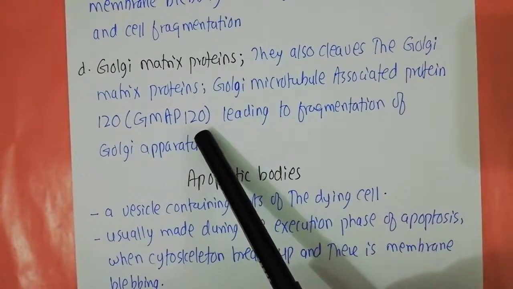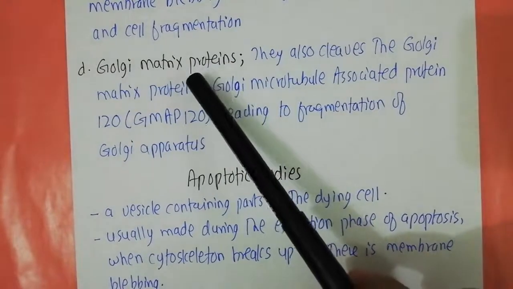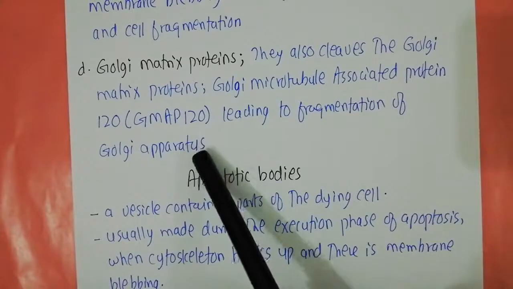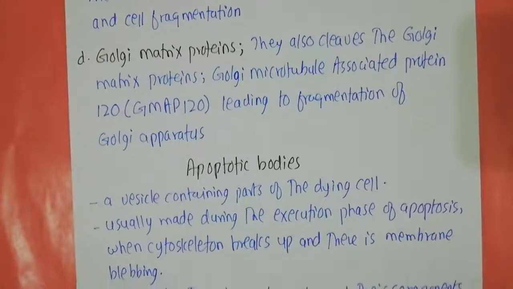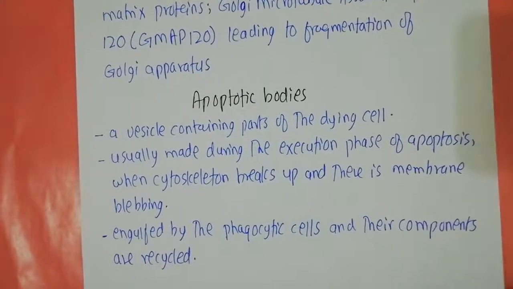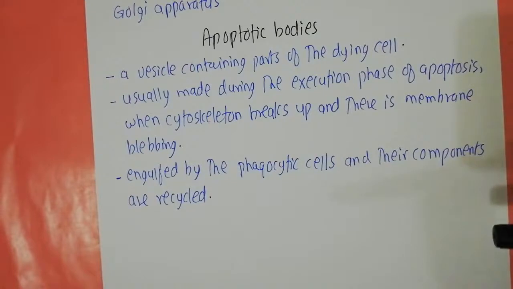So when the executional caspases lead to the degradation of the Golgi matrix protein, that leads to the fragmentation of the Golgi apparatus. That means that the executional caspases are going for the indiscriminate degradation of the proteins in the cell. They are degrading all kinds of proteins, thereby degrading the cell.